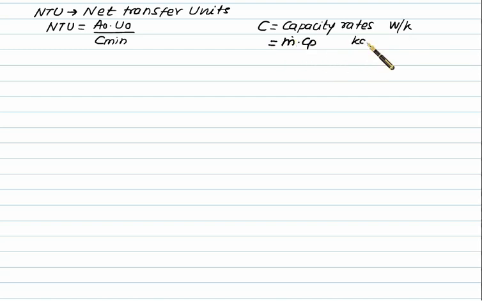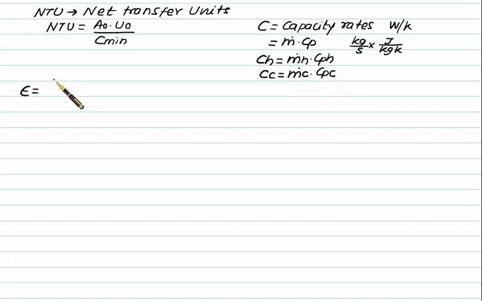We have kg per second multiplied by joule per kg per Kelvin, which is the same as watt per Kelvin. Ch is called the capacity rate of the hot fluid, given as m dot h into Cph, and Cc represents the capacity rate of the cold fluid, that is m dot c into Cpc.